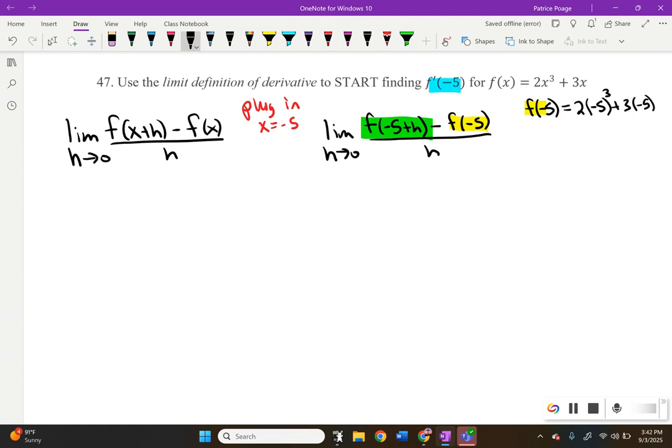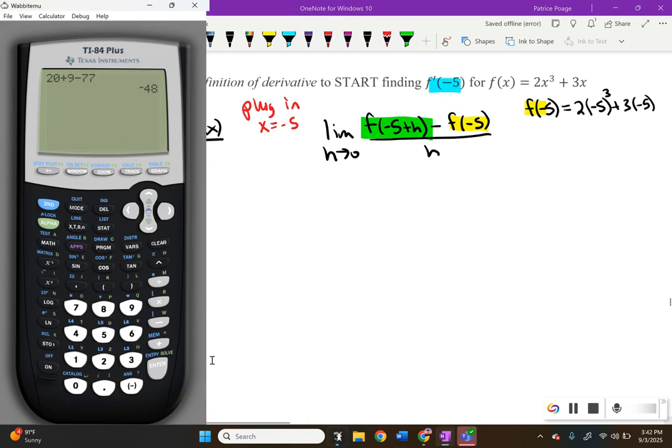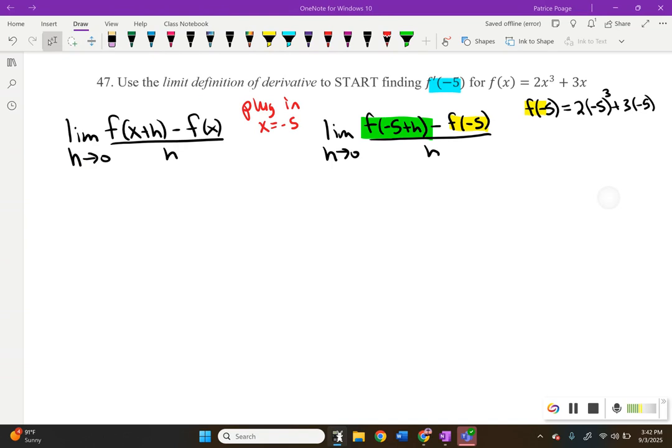That I can type in my calculator, and I'll get 2 times negative 5 to the third plus 3 times negative 5. And that gives me negative 265. So this number right here is going to be negative 265.